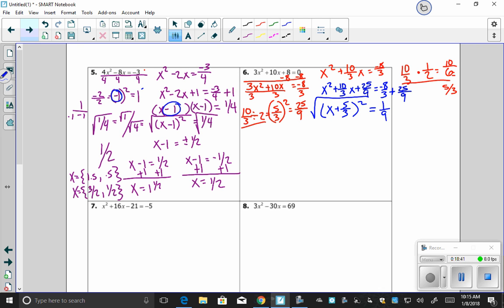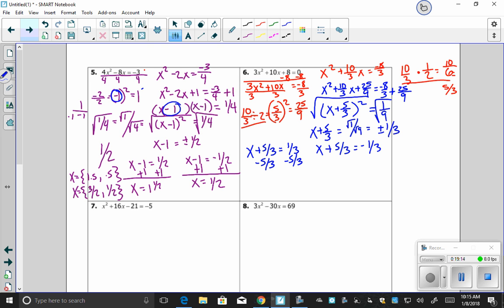Now, square root both sides, so that I get x plus 5/3 equals square root of 1 over square root of 9, which equals plus or minus 1/3. So I'm going to have x plus 5/3 equals 1/3, and x plus 5/3 equals negative 1/3.